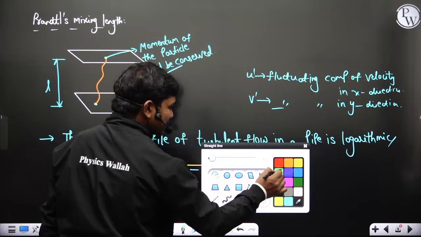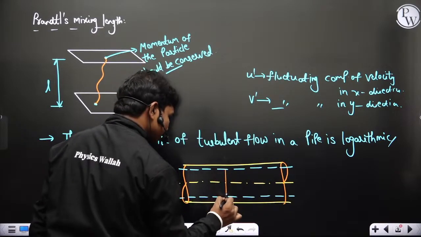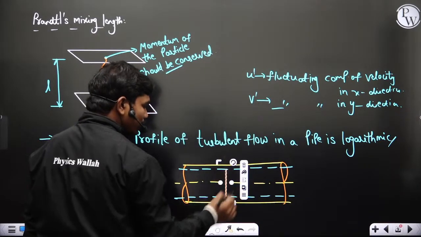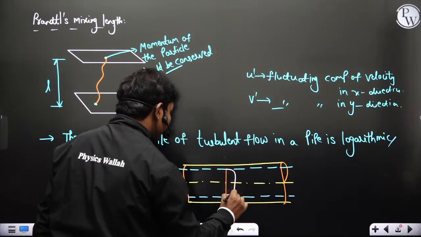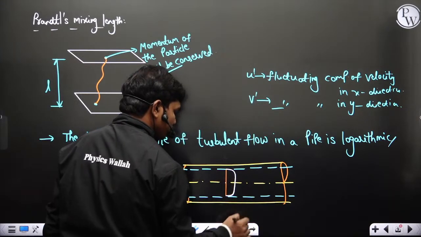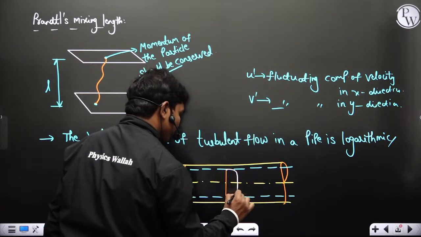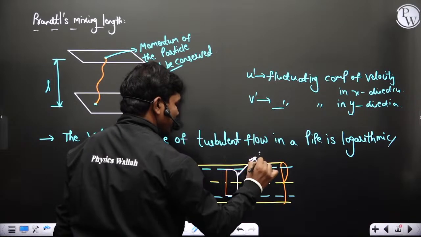If you take a section of particles here, the velocity profile will be logarithmic. Okay, so this profile for this part will be logarithmic.